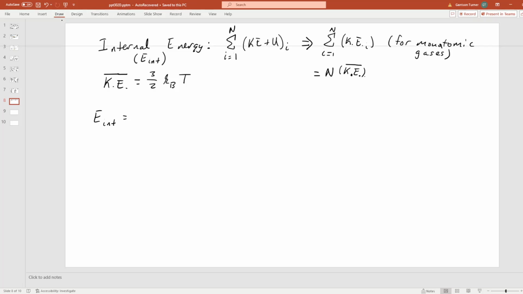Okay. And we can show that explicitly by making the substitution, or not necessarily making a substitution, but remember that KE average is equal to 1 over N times the sum, i equals 1 to N, of KE for the ith particle, right?